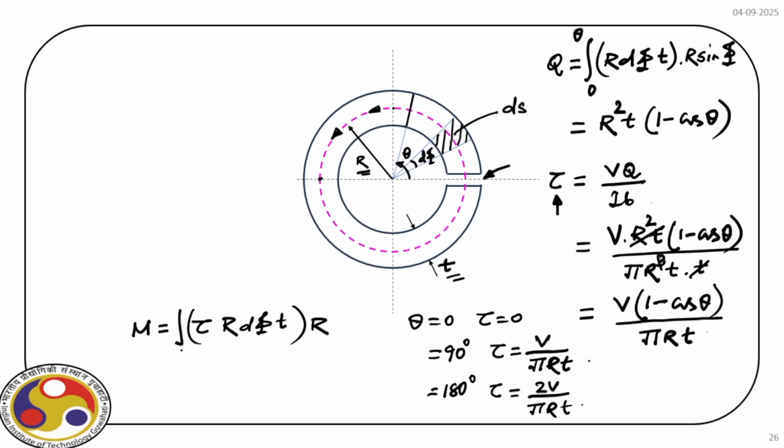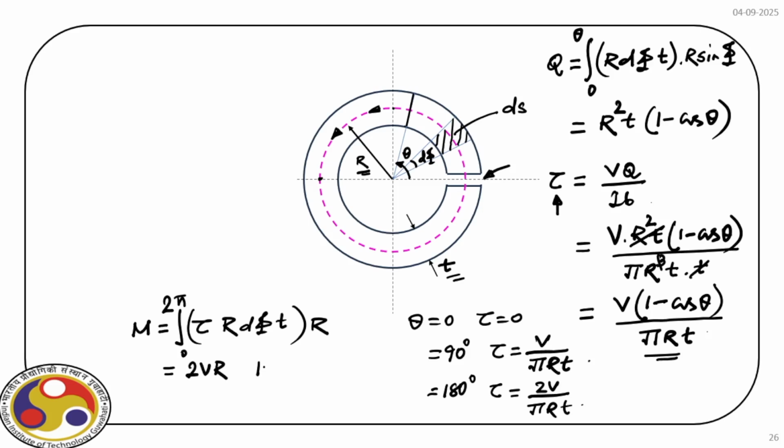And then we integrate it between 0 to 2 pi. So we can put the expression of tau here that we have already derived. So the expression of tau is here. And if you complete this integral, what you will get is 2V times r.